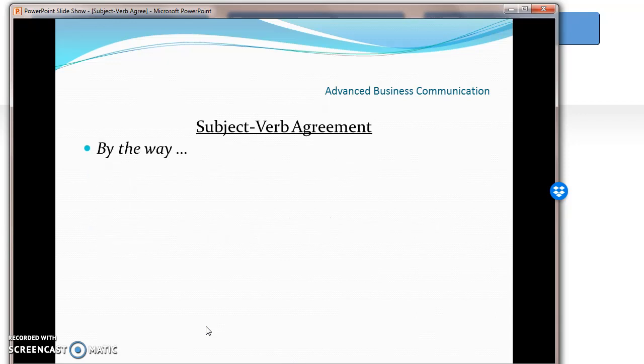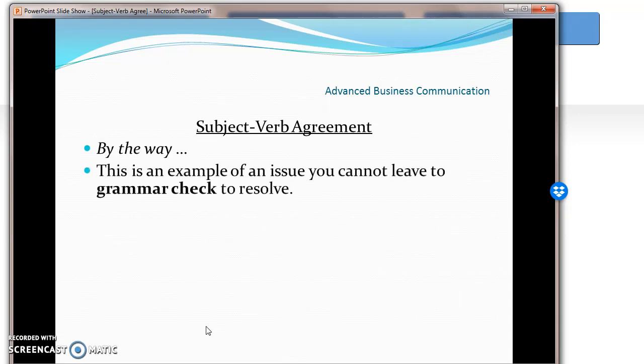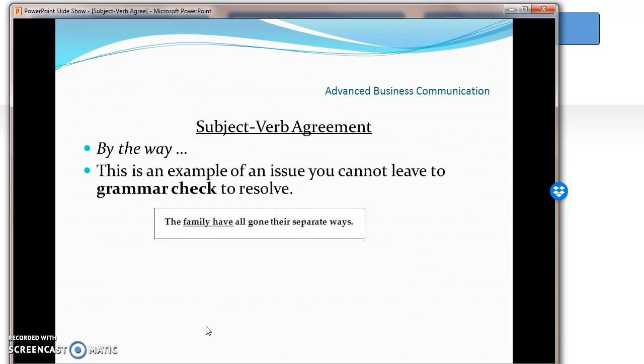And by the way, this is an example where you can't leave it to your grammar check to know the answer, okay? I put that one sentence we looked at a few minutes ago into my grammar check on Word, and look, it gave me that squiggly line that shows that it thinks something's wrong grammatically. The family have all gone their separate ways, okay?